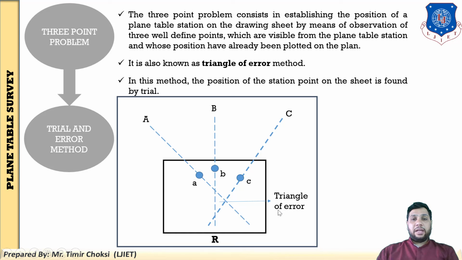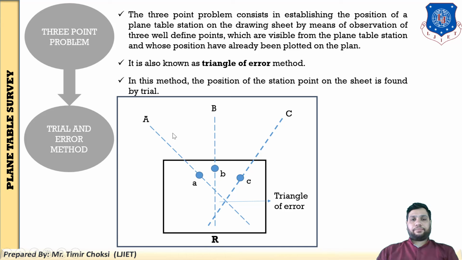No error is developed where you have established the station R. In a GATE exam, you will not be given the case where A, B and C coincide; you have to draw the figure exactly as shown in the slide. So this is the 3-point problem method. You keep doing trial and error till, in the last step, A, B and C coincide with each other. This is the only method of the 3-point problem.